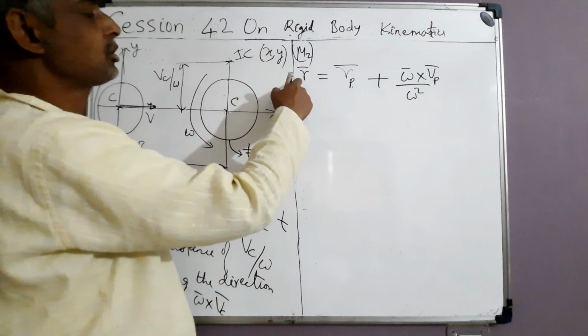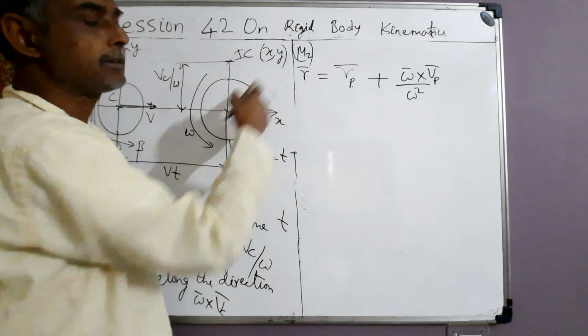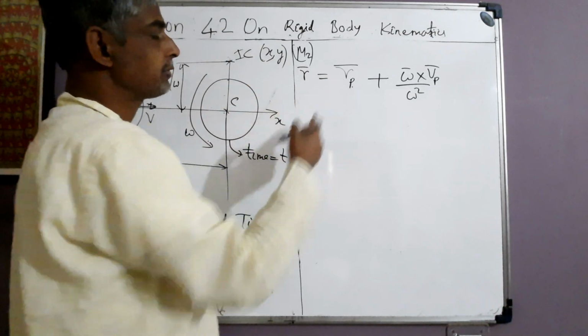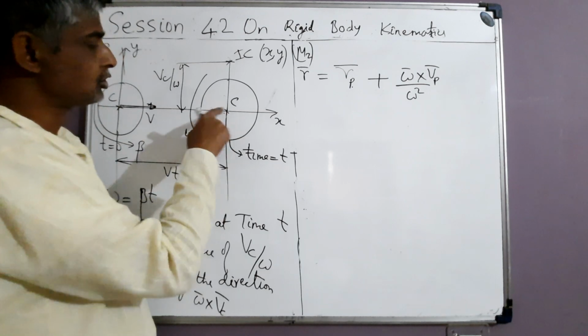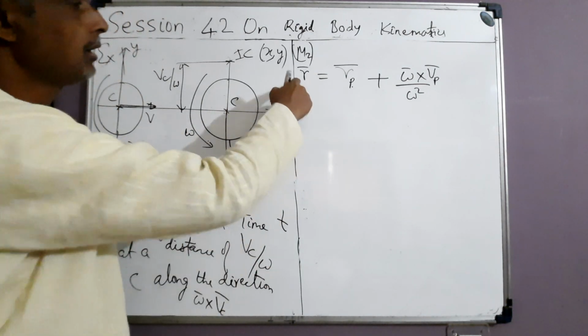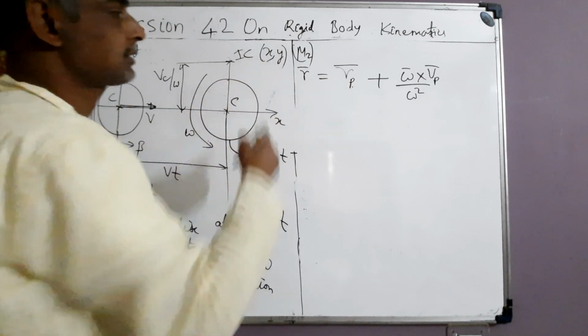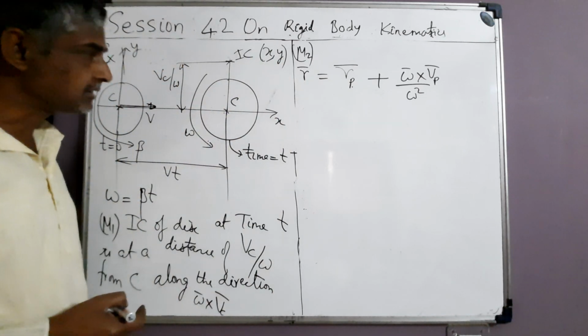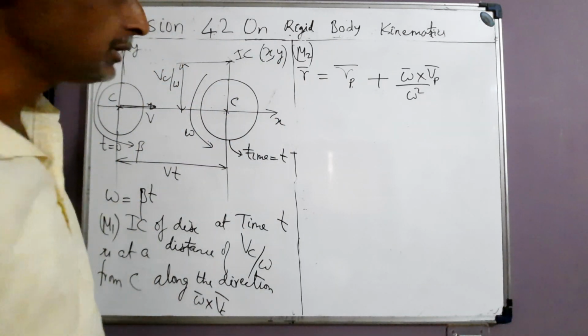Here r is the position vector of the IC of the disk with respect to ground at time t.